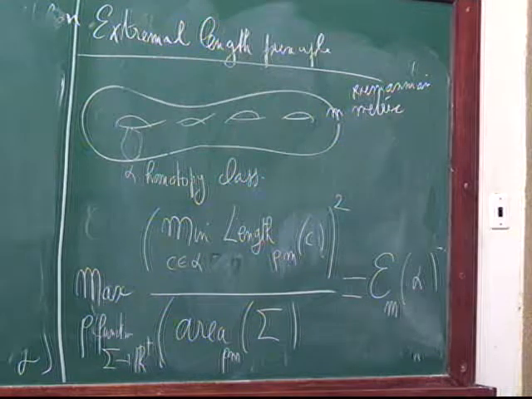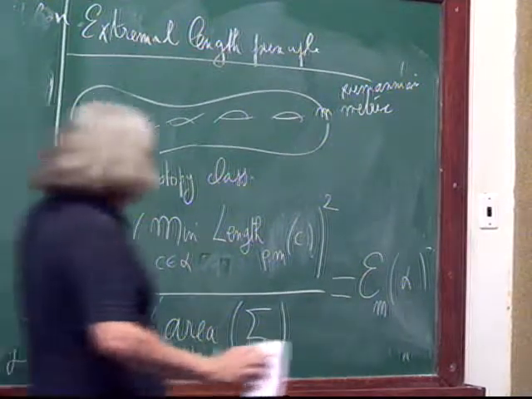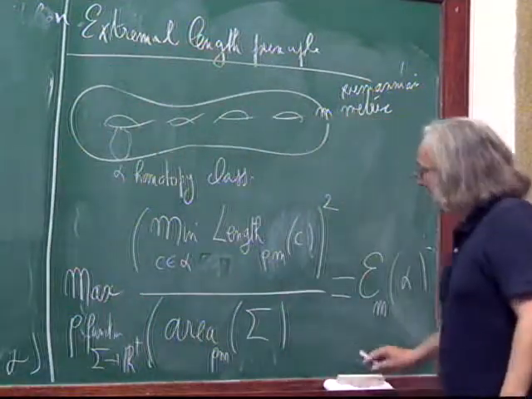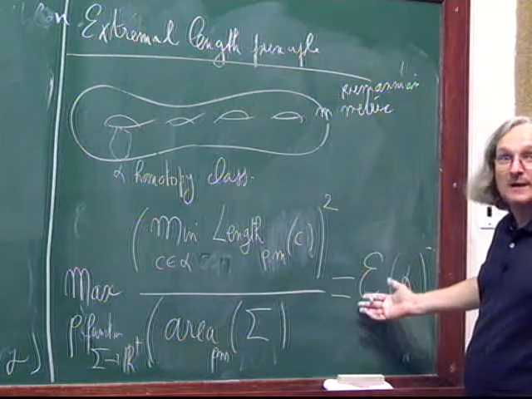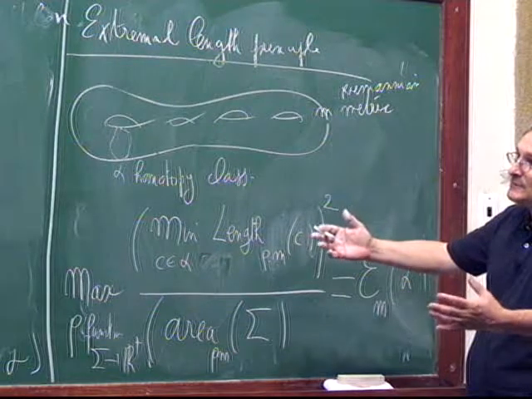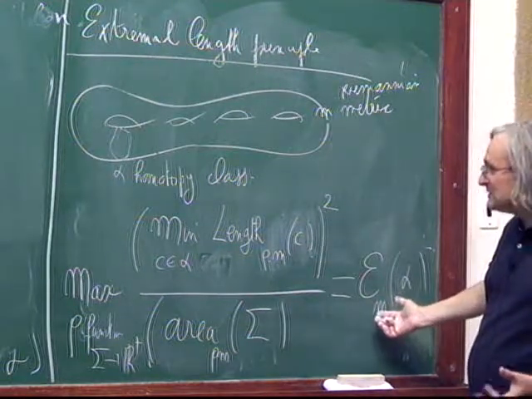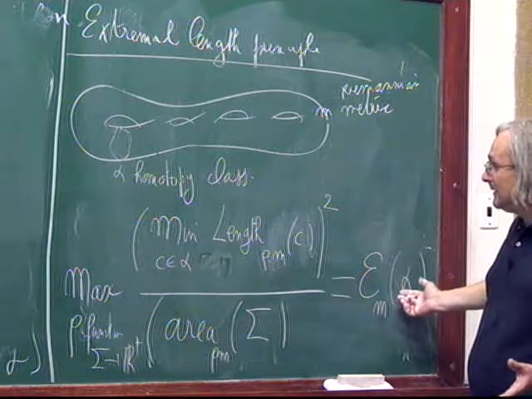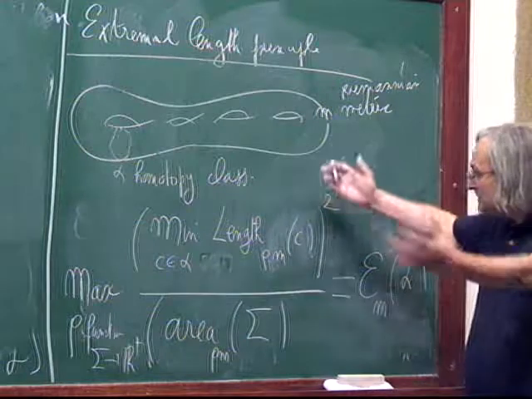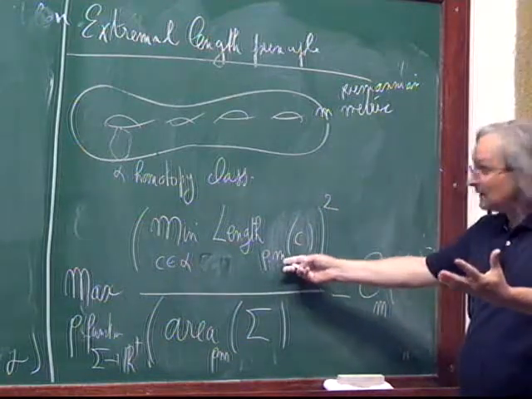If the sequence of metrics converges, this tells you that this sequence of extremal lengths is bounded. But of course, among all these metrics, for each k you can choose the hyperbolic metric.